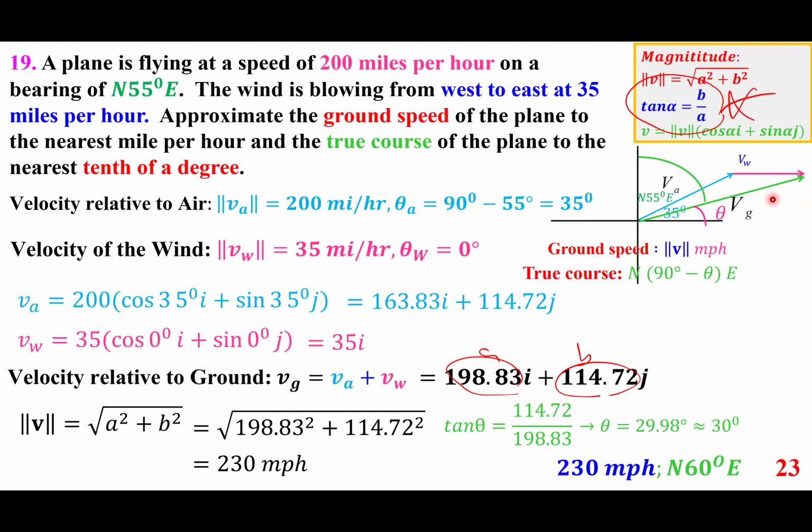The speed depends on the frame of reference compared to the ground. And so when you find those components, for the magnitude, you use square root of A squared plus B squared, and you use tan of alpha equals B over A to find the angle. And when you find the angle, you have the bearing as well, everybody.